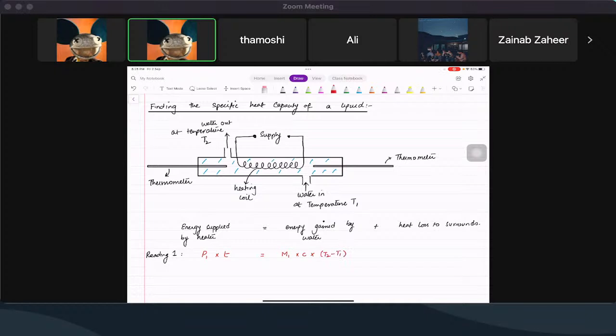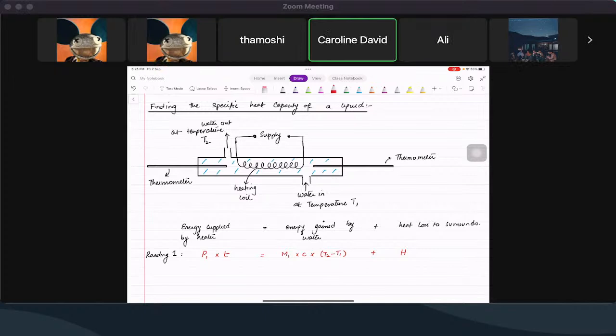So that is basically the equation. And the heat loss, which we don't know exactly how much it is, we're going to call H. Is it clear? Because there's going to be some heat loss as well.